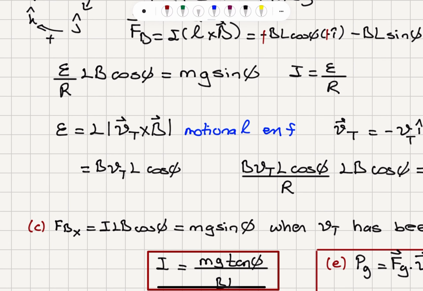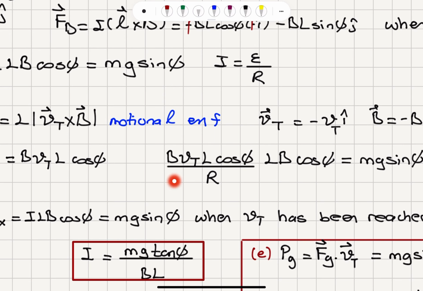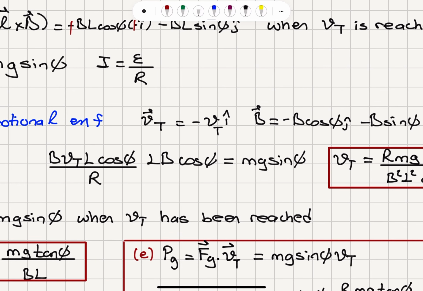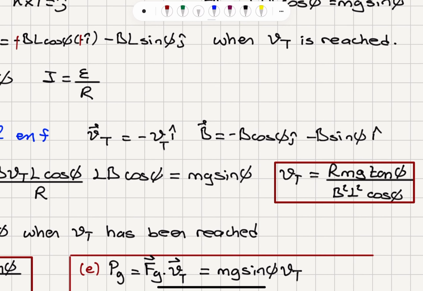So V terminal B cosine phi is the magnitude multiplied by L gives us the induced EMF. And induced EMF divided by resistance gives us the current. Current LB cosine phi is mg sine phi. From this equation, I can find the terminal speed.